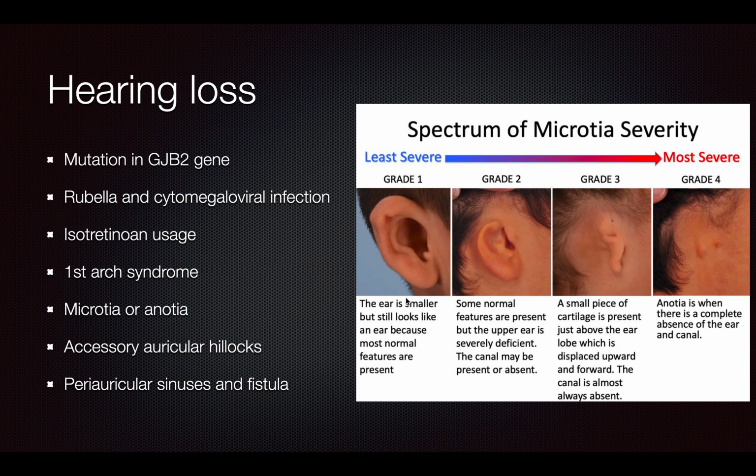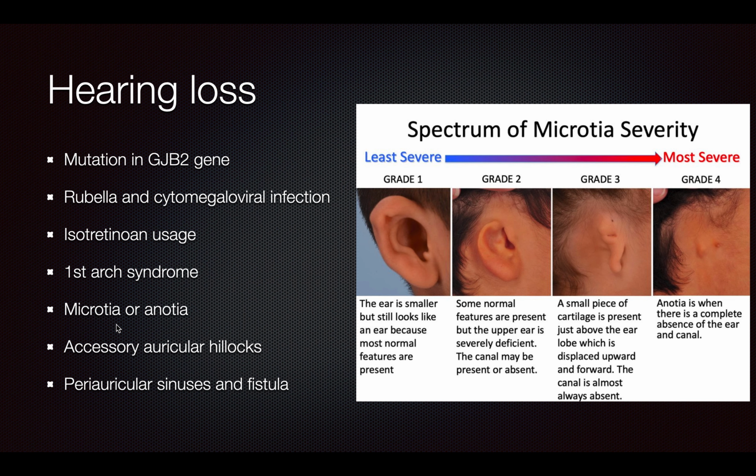Okay, so hearing loss is correlated to a mutation in the GJB2 gene, and that can be caused by rubella or cytomegalovirus infection. Isotretinoin use, so vitamin A. So if anybody uses tretinoin or takes medication for acne, it can cause first arch syndrome, and the patients will have microtia or anotia.